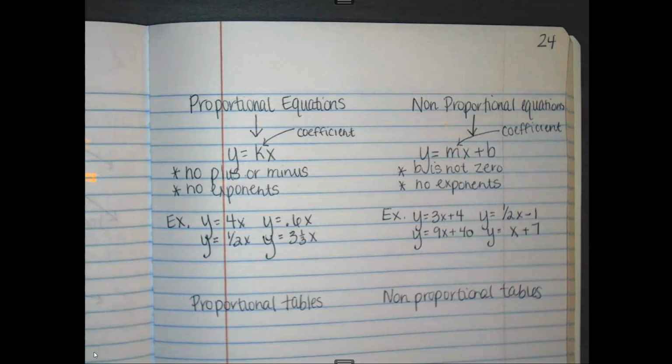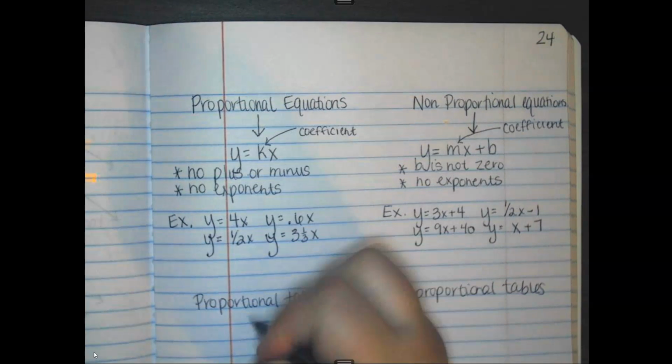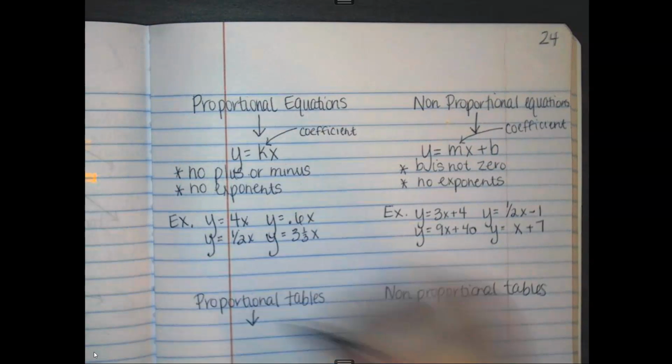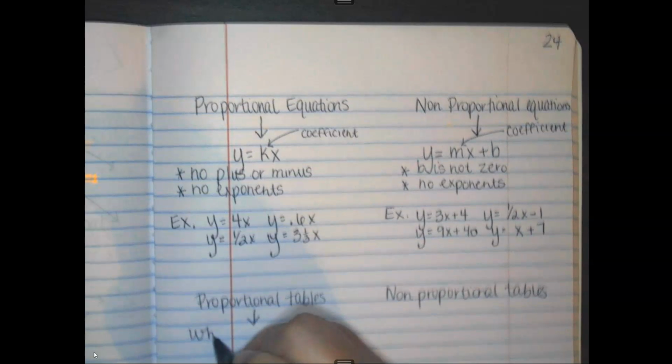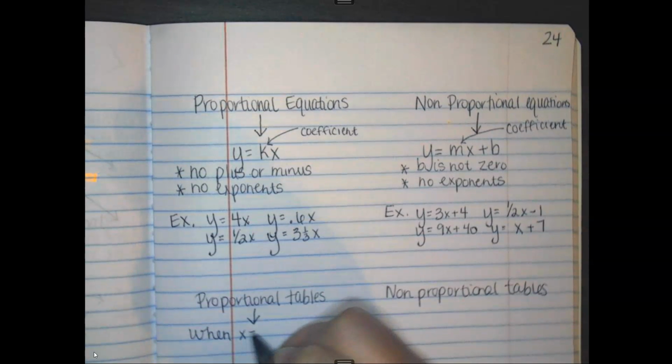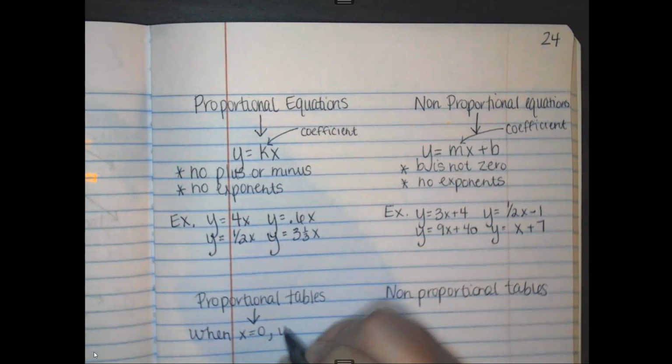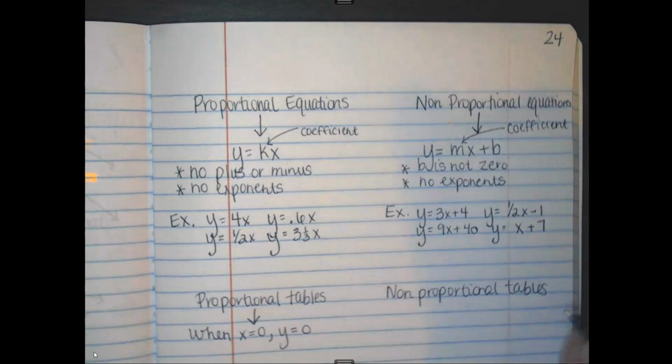Sorry, constantly coughing. All right, so for proportional tables, when x equals 0, y equals 0.